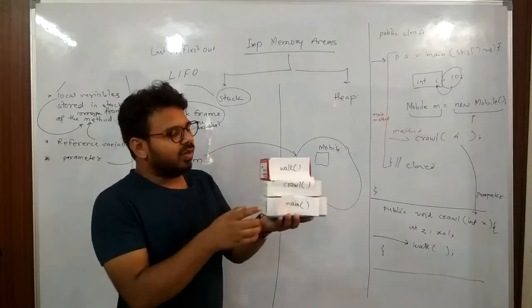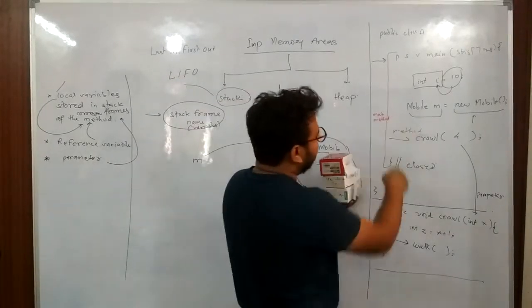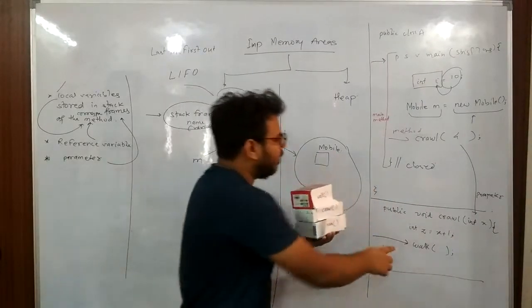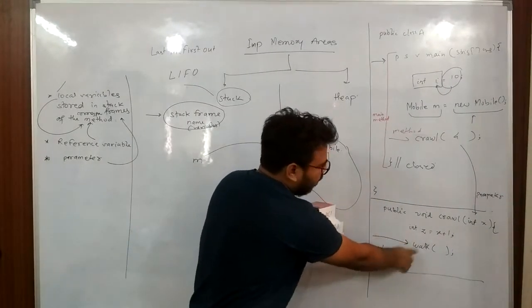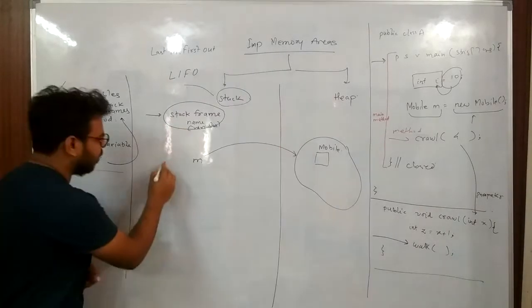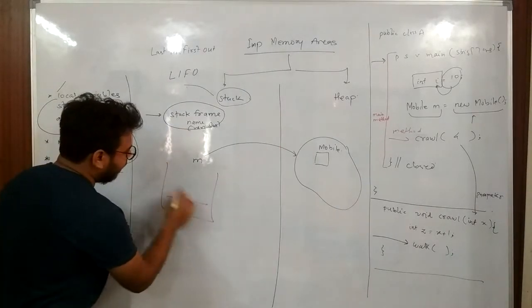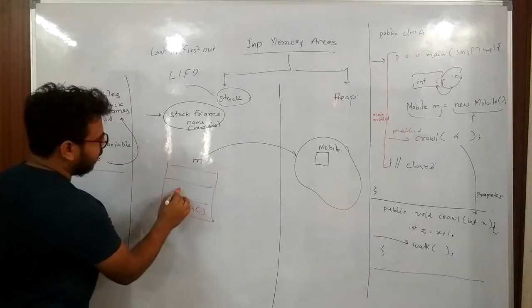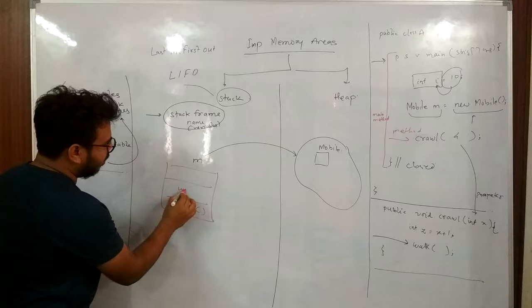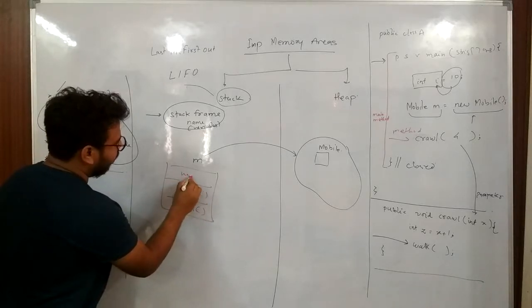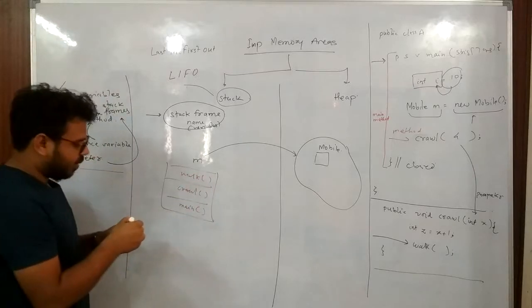First of all, the main method comes, and inside that the crawl method is called, so a new stack frame for the crawl method is created, and before finishing the crawl method a walk method is called. So a stack frame for the walk method is created. Suppose this is our stack, then we have the stack frame of the main method, then crawl, and then the walk method stack frame.